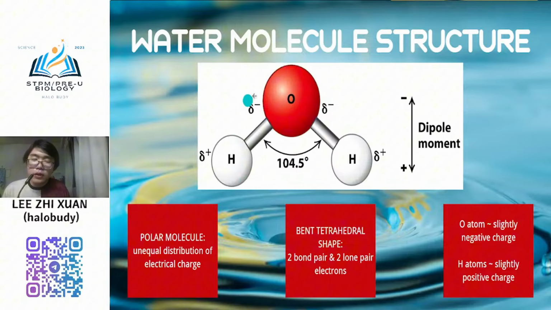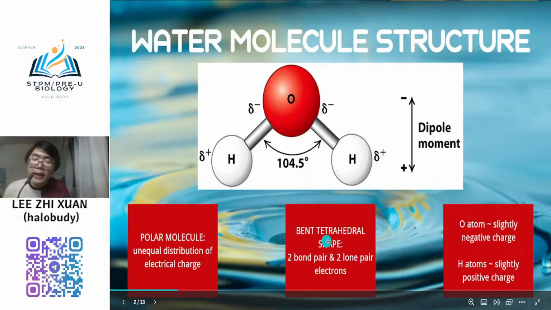If you see this diagram, the 2 bond pairs are here. Oxygen has 6 electrons in the outer electronic configuration, and 2 of the electrons will be used for covalent bond formation, and the other 4 electrons will be known as lone pair electrons. Later in your Sem 1 chemistry, in Chapter 3 chemical bonding, you will learn why the water molecule forms a bent tetrahedral shape.